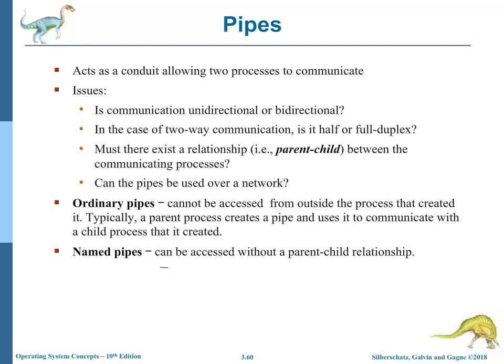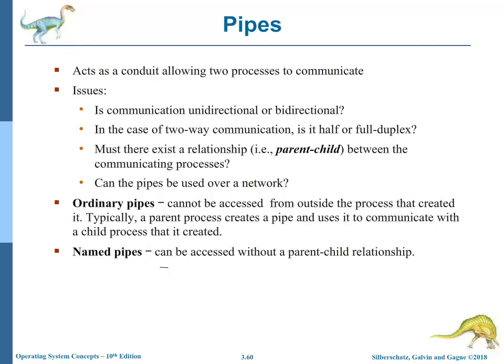Ordinary pipes allow two processes to communicate in standard producer-consumer fashion. The producer writes to one end of the pipe, the write end, and the consumer reads from the other end, the read end. As a result, ordinary pipes are unidirectional, allowing only one-way communication.